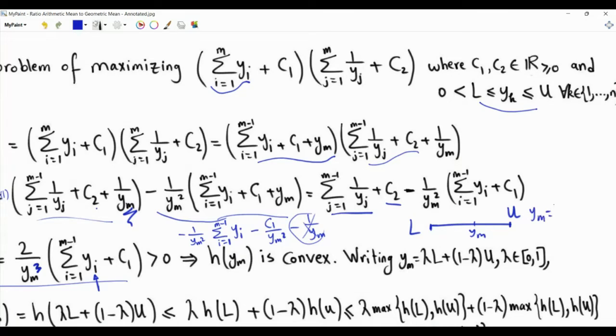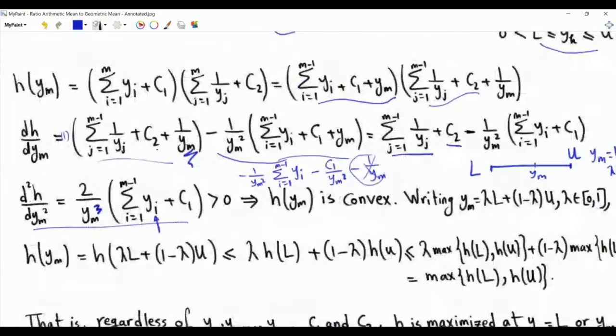So ym is equal to U minus lambda times (U minus L). Okay, and so lambda times (U minus L) is equal to U minus ym. And so if you know ym, then lambda is (U minus ym) over (U minus L). The important thing is that there is a lambda between 0 and 1 such that ym is a convex combination of L and U.